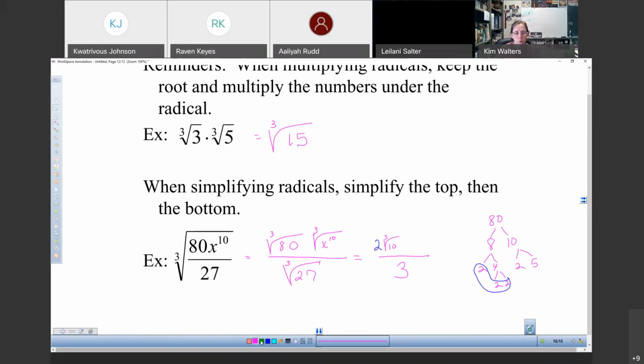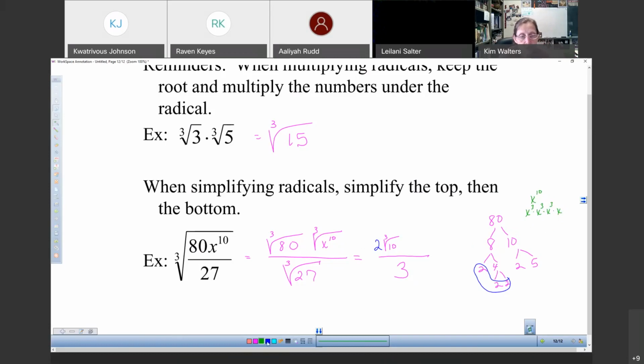And then remember, when we want to look at this x to the 10th power, however you want to think about this, but x to the 10th power is an x to the 3rd, that's 3 x's, and 3 more x's, and 3 more x's, and then an x to the 1st power. So 3 plus 3 plus 3 plus 1 gives me 10. Or I could literally do all 3 x's, 3 x's, 3 x's.